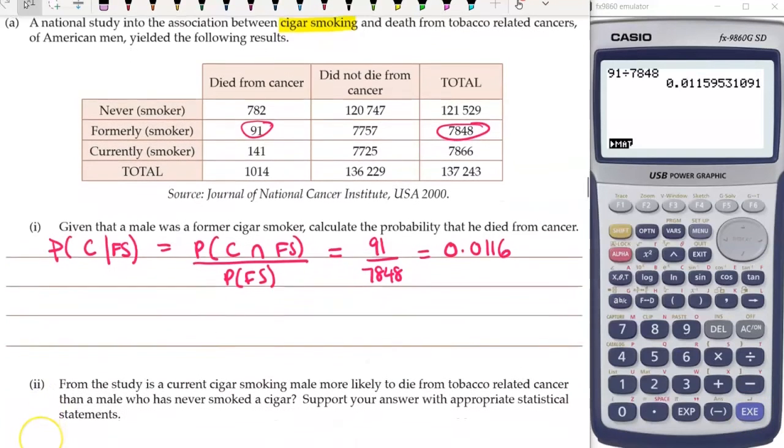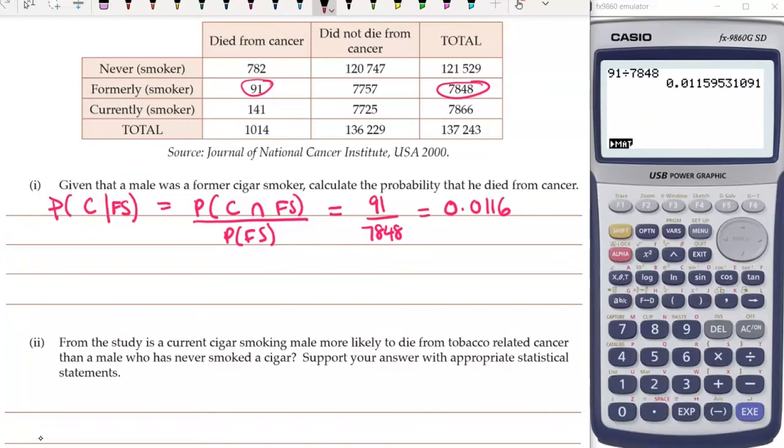Next we want to look at if a current cigar smoking male is more likely to die from cancer than a male who has never smoked a cigar. So let's work out the chance of each. So the probability of them dying from cancer, given that they are a current smoker, is going to be, let's look up, died from cancer for the current smokers is 141 out of the total of current smokers, which is 7866.